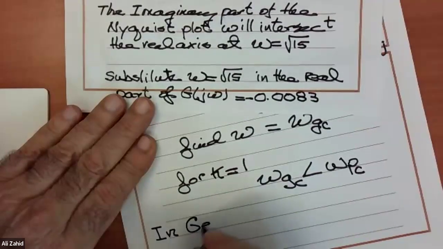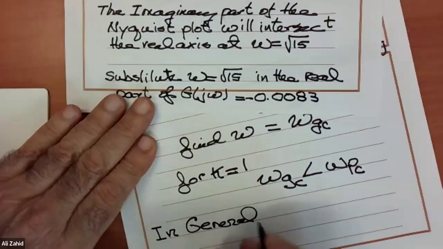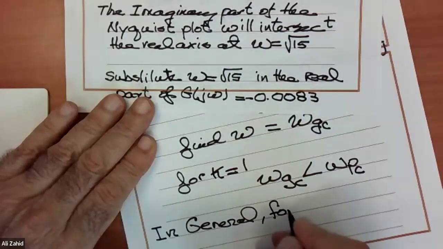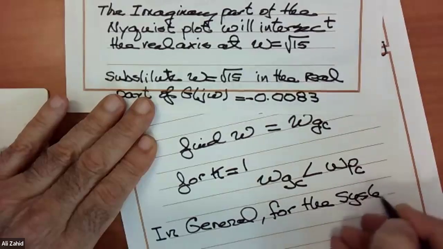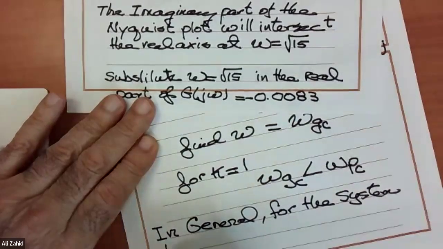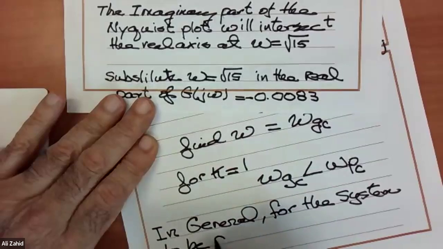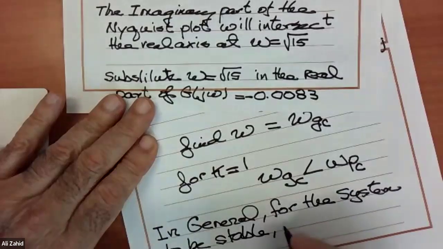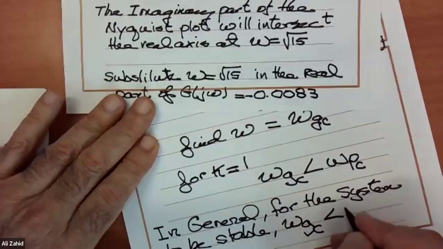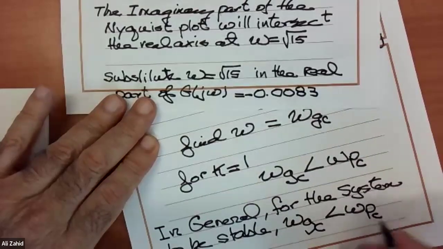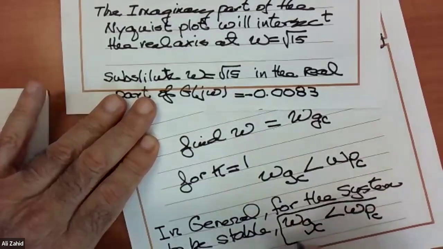In general, for this system to be stable, omega GC must be less than omega PC.